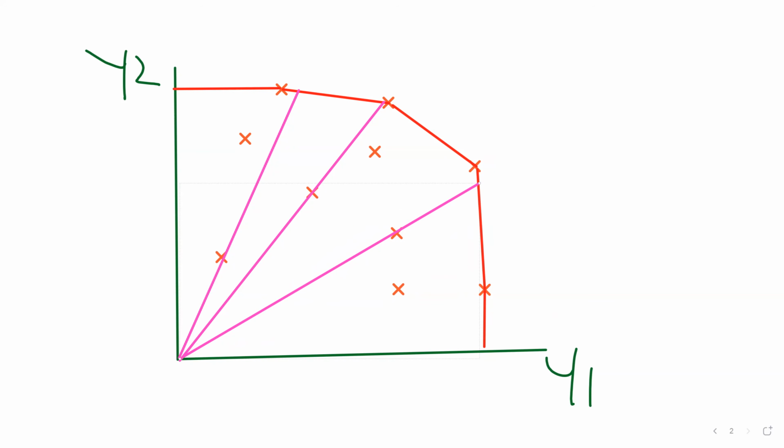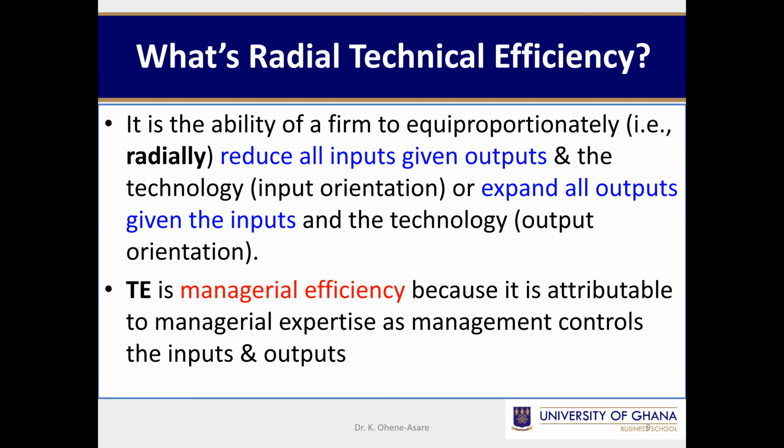So Farrell, let's go back to Farrell. Farrell says that if you are able to expand all the outputs, given the input, the way we went through the graph, there was no input there. So we assume that the input is given. Given the input, you are now able to raise all the outputs. That will mean that you are exhibiting output orientation, and that means that you are showing efficiency.